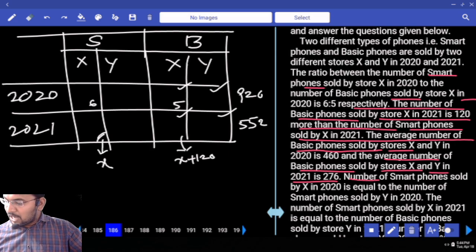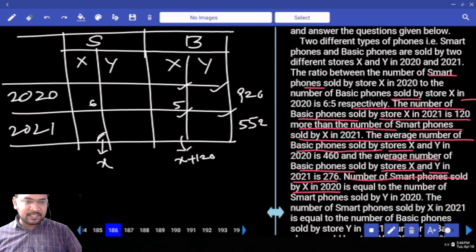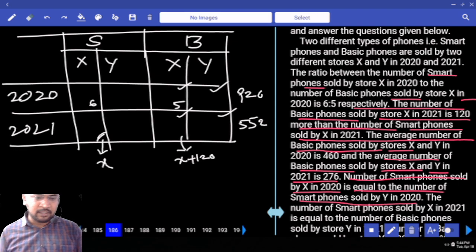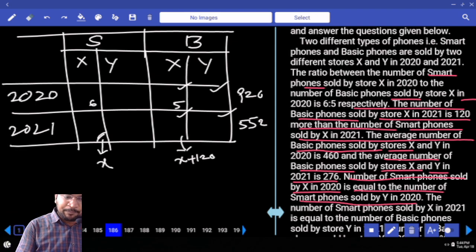Next, the number of smartphones sold by X in 2020, 6 parts, is equal to the number of smartphones sold by Y in 2020. So Y in 2020 is also 6 parts.